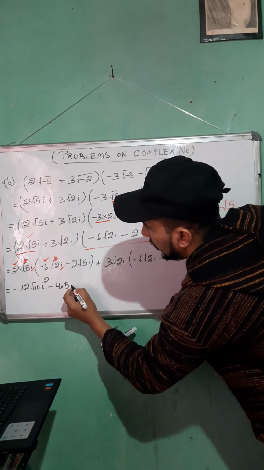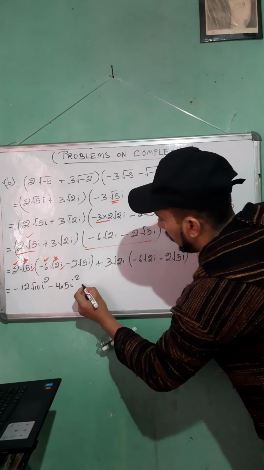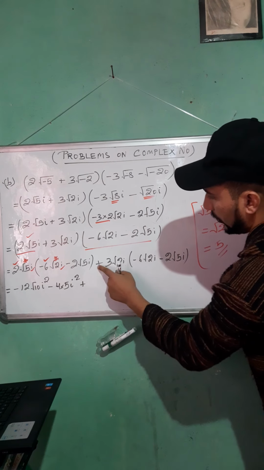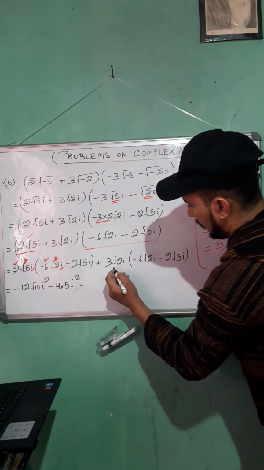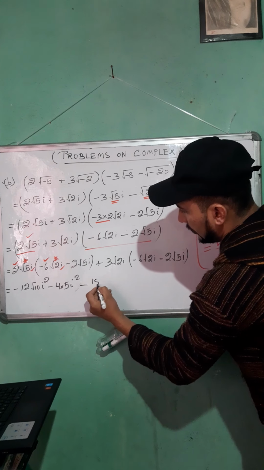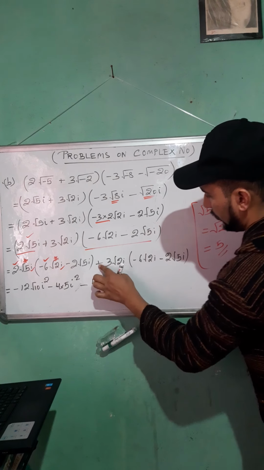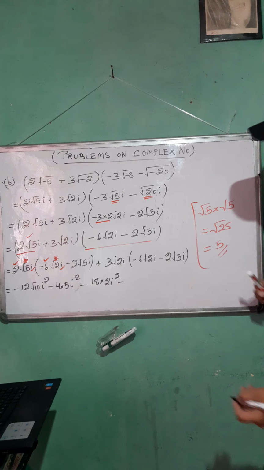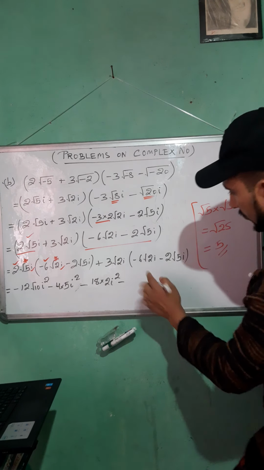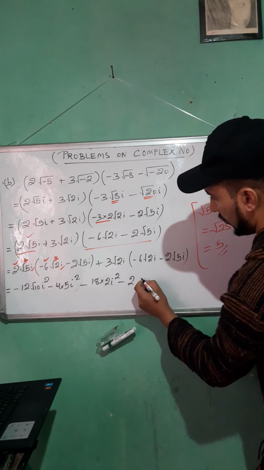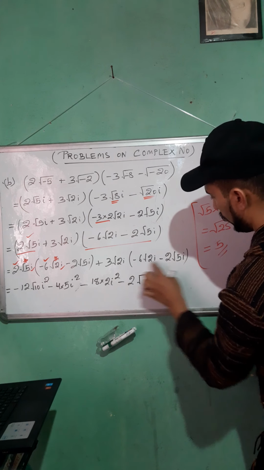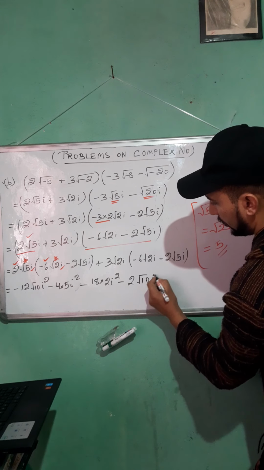So 5i into i is again i square. Plus into minus you will have minus, 3 6s are 18, root 2 into root 2 is 2, i into i is i square. Plus into minus is minus. 3 into 2 is 6, root 2 5s are 10, i square.